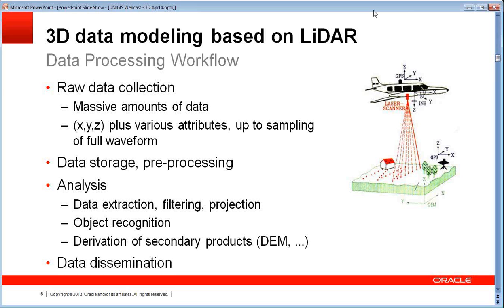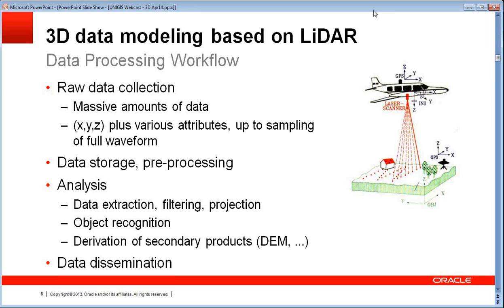Now, as I already indicated, this is a means of acquiring 3D data very quickly, and as you can imagine, for us as a database company, it's a brilliant piece of technology because it comes with massive amounts of information.